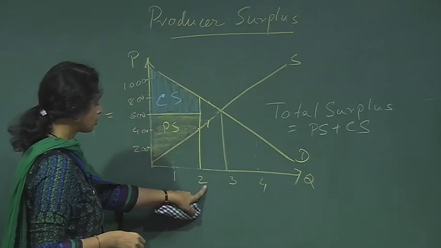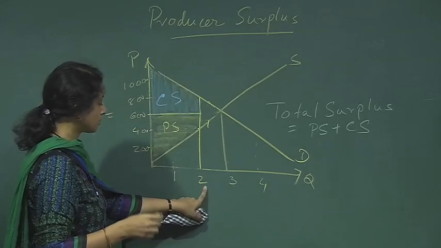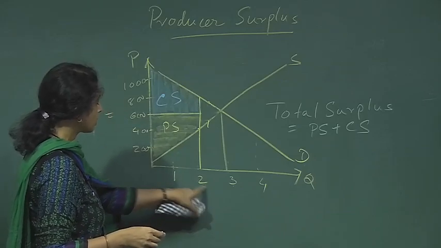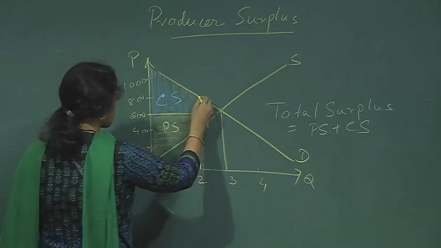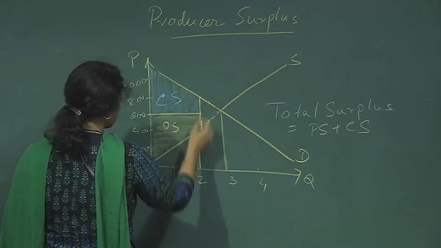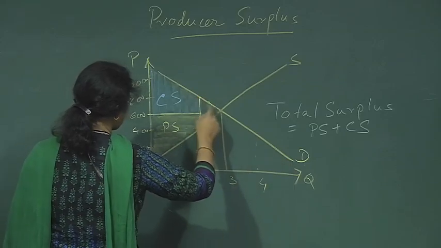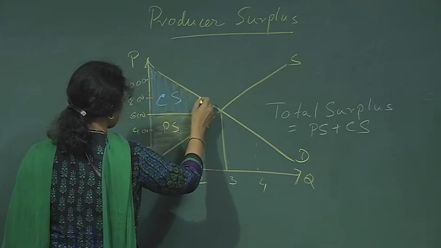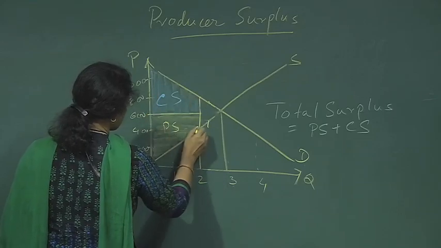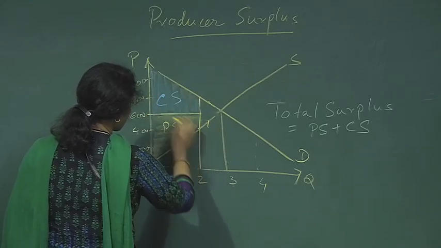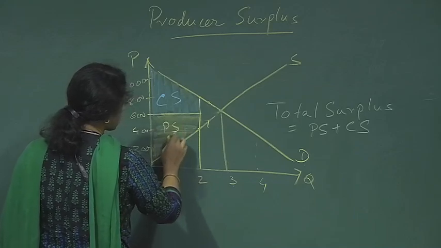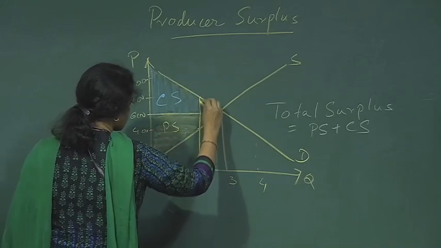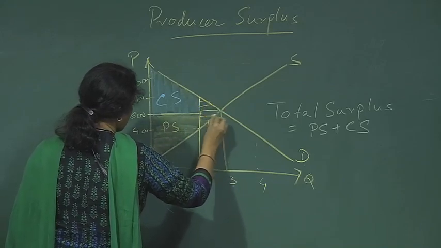What we see here is, if the market is producing 2 units, then the price the buyers are willing to pay is here, and the amount of consumer surplus and producer surplus that is foregone is given by this area.